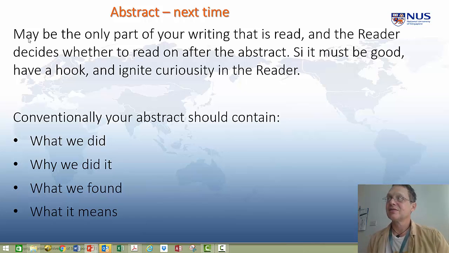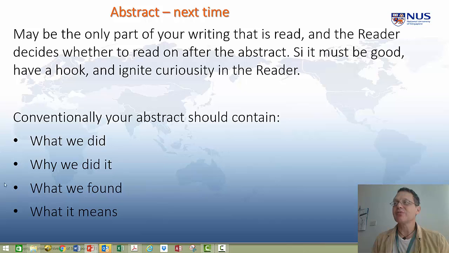If your reader happens to be an editor of a journal, it might decide whether the paper's actually published, whether it gets sent out for review. If it's a peer or a colleague who's looking through the literature, it may determine whether that peer does anything more than read the abstract.